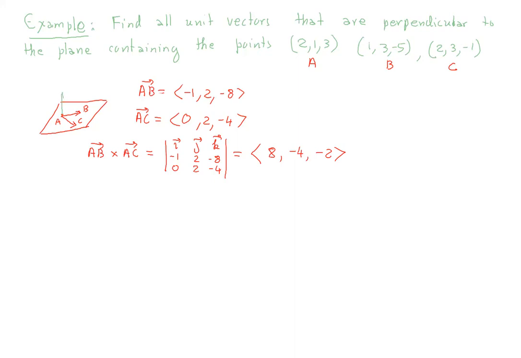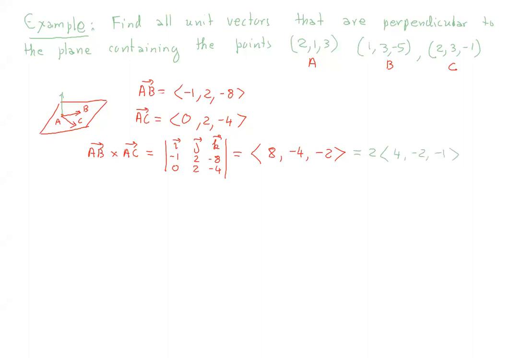All you need to do is normalize it and also take its opposite. Here's a little old trick: if you have a vector to normalize, you can normalize any positive multiple of the same vector. In particular, this is 2 times the vector 4, -2, -1.